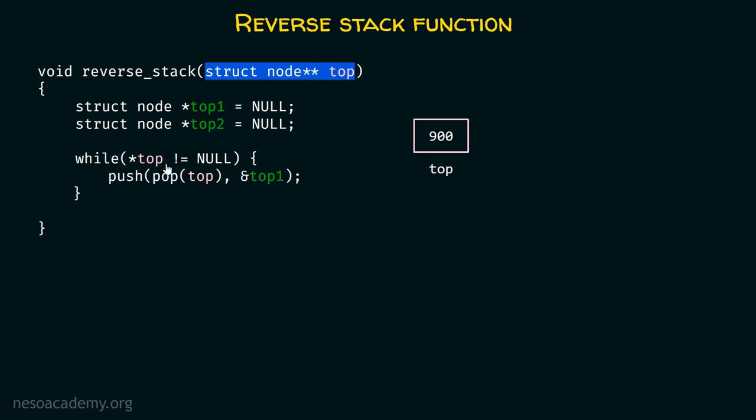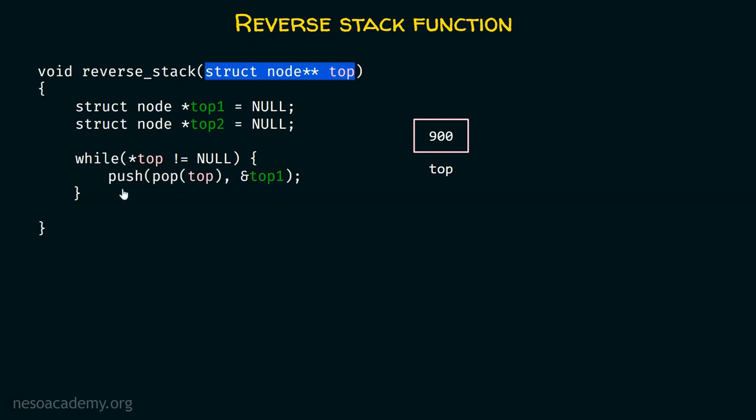So we can replace this by top, that is the top pointer of the original stack, right? So actually we are checking, is top equal to null? If top is equal to null, we'll get outside of this while loop. This means if our original stack is empty, then we will get outside of this while loop. If it is not the case, then we will continue, right? Actually, we want to pop all the elements of the original stack and we want to push them onto the temporary stack 1, right?